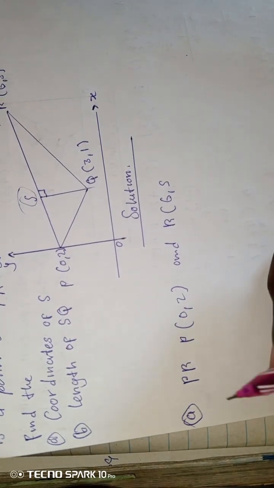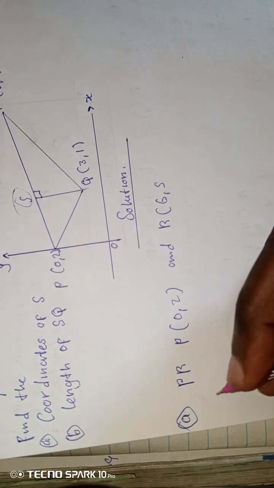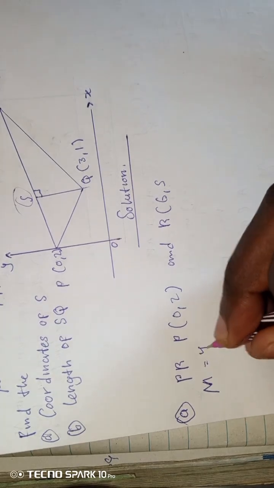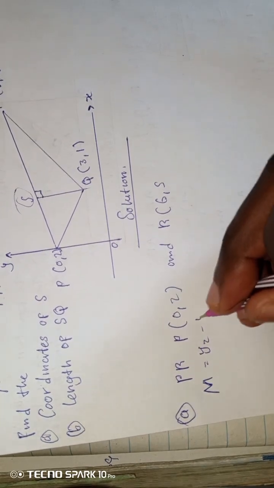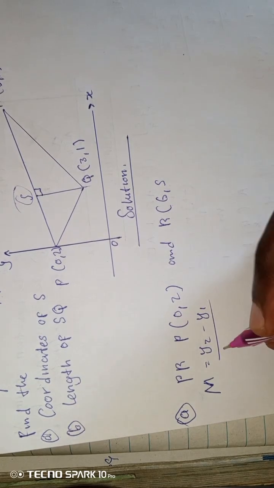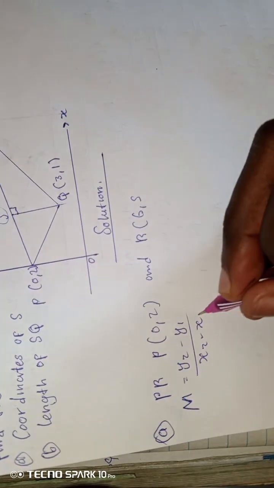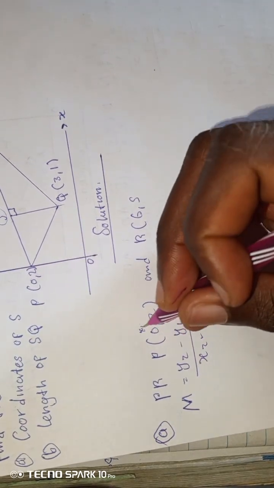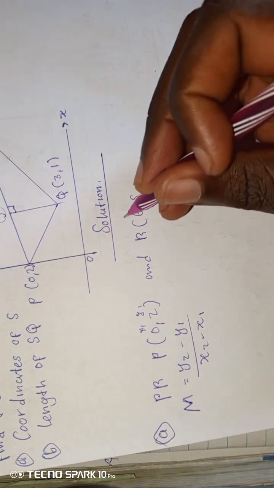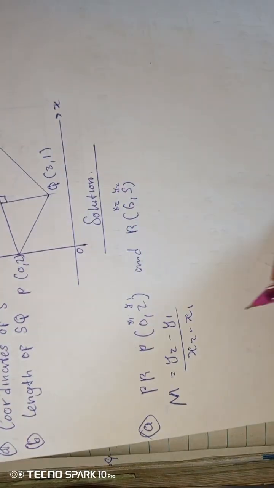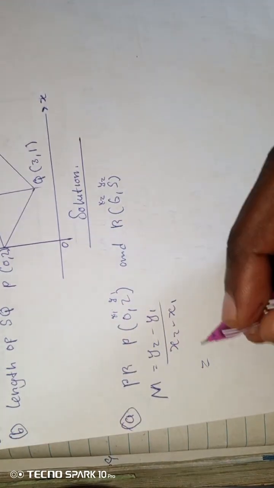Then we'll write the formula for gradient. So we know that gradient equals y2 minus y1 over x2 minus x1. So this will be my x1, this will be my y1, this will be my x2, this will be my y2. So I'll just substitute here.